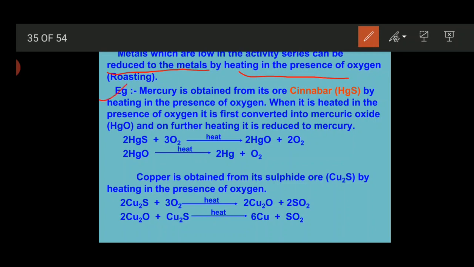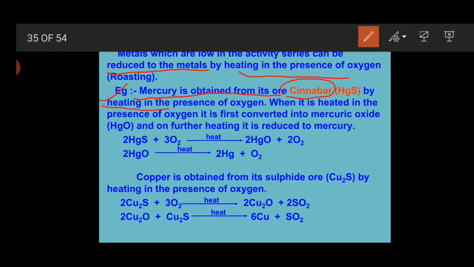Now, taking an example, mercury is obtained from its ore called cinnabar. From a board exam point of view, it is very important. Often in board exams and also in home exams, it is asked to write down the different ores of mercury, or the different ores of iron. Likewise, you will get such questions.